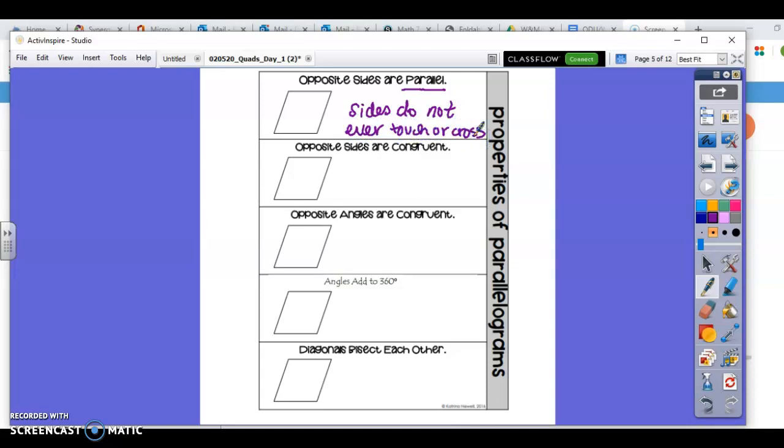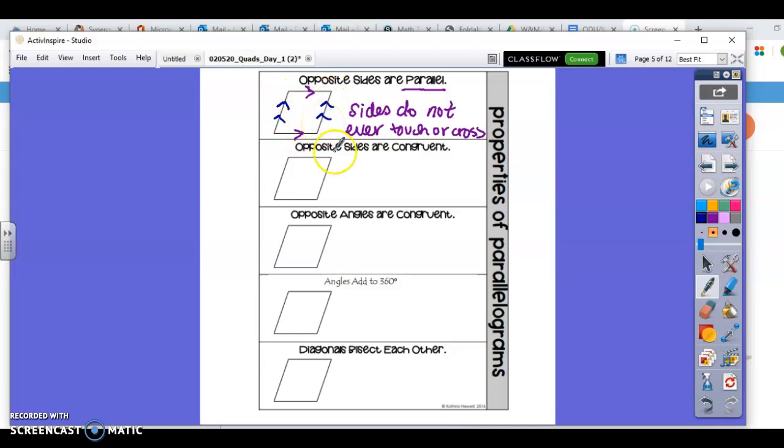So the way you note that is we have these special little symbols that look like the end of an arrow. So these 2 sides are parallel, and then I have to do something a little different to show that these 2 sides are parallel to each other, but not parallel to these. So I can't use 1 arrowhead. Instead, I'll just use 2. So now we know this side's parallel to this, and this side is parallel to this side.